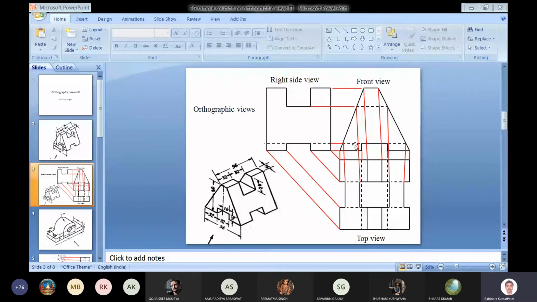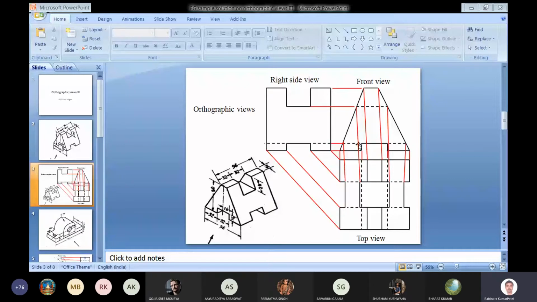And as we already know, wherever we show the continuation of dashed lines, if a continuous line is coming in the way, we will show it broken at that location. Here we have not continued the dash from this corner. Here also we haven't continued the dash. We have just kept it blank here. So in this way we draw the dashed line if a continuous line is coming in the way.